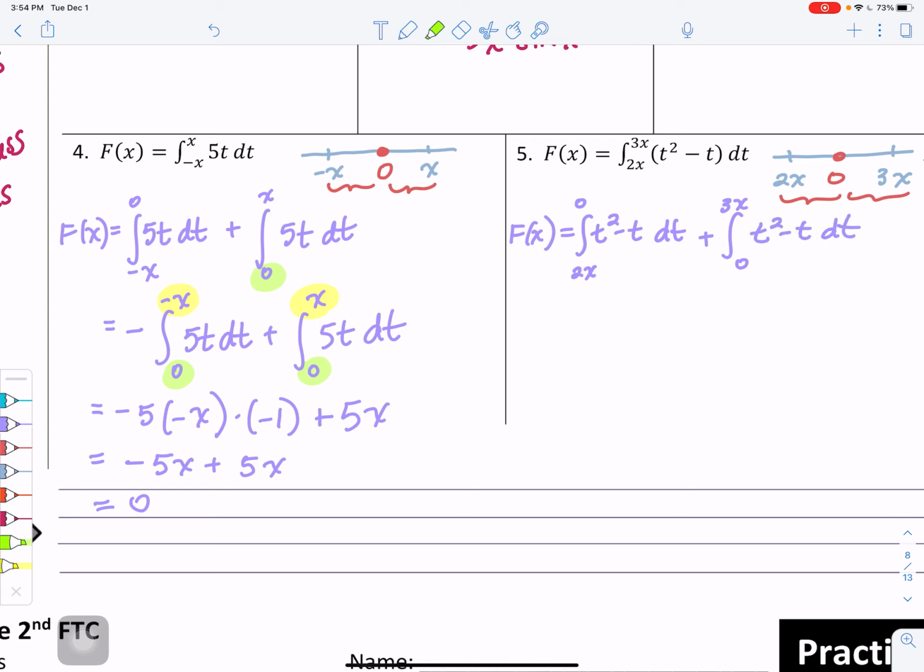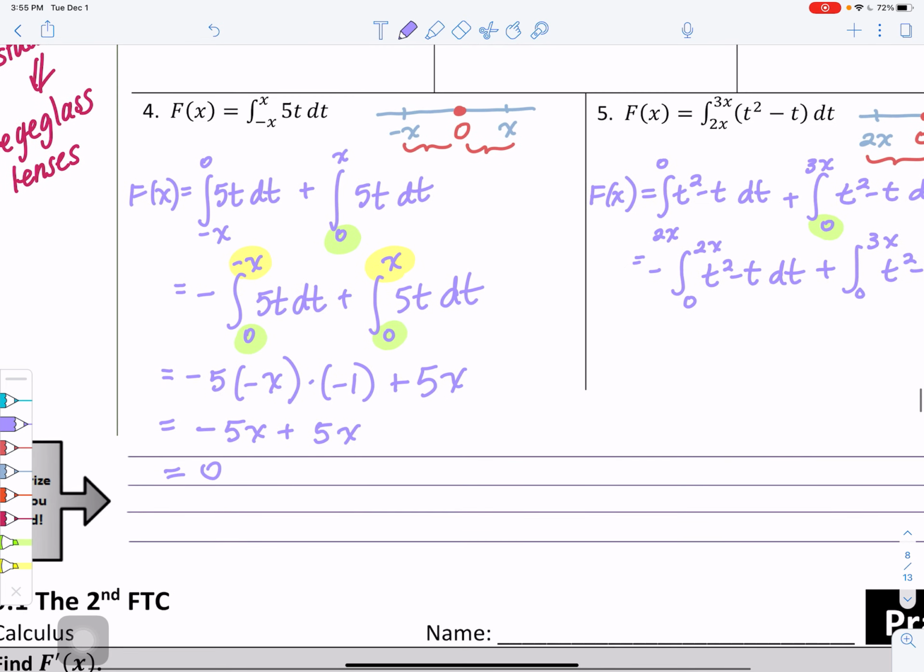We are set up already for this second integral. But for this first integral, we need to change the lower limit of integration. So it's the opposite of the integral from 0 to 2x. We are set up for FTOC2. And you know what I just saw over here?